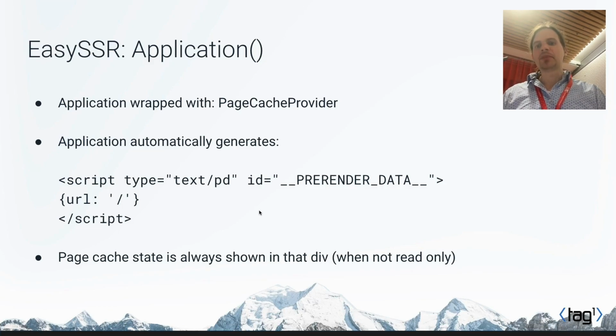And what happens with this page cache provider is we automatically generate the script type text PD. And this page cache state is always shown in that div. So while this page is being rendered, we are creating this page cache not only within a state function, but also as raw HTML directly, which was a pretty hard problem to solve, because the problem I had with Preact, and React in a similar way, was that I needed to know the data for the server-side rendering to be included before it was running.